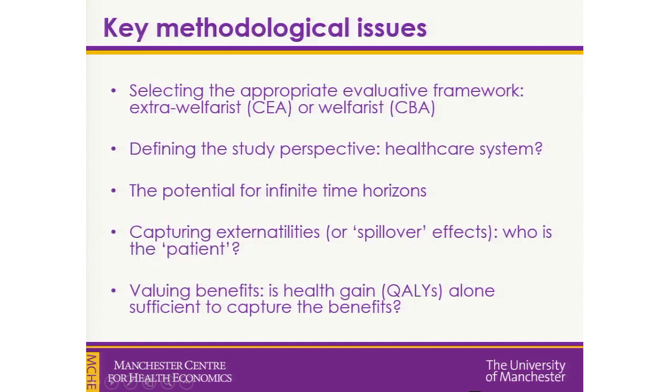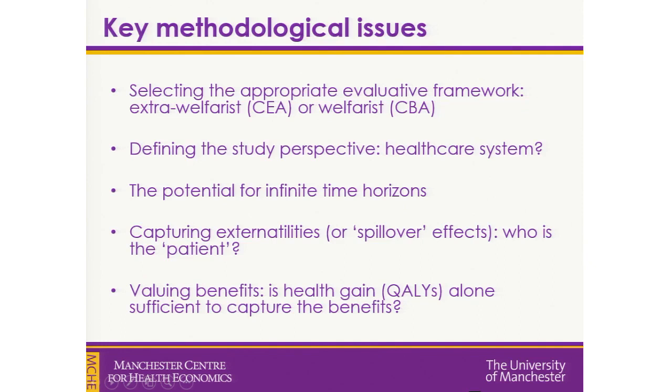If you think about the key methodological problems, these are the ones that I think are the most important. Are we correct to use cost-effectiveness analysis, or should we use cost-benefit analysis? And you'll see in a moment why that's quite an important question. How do we define the relevant study perspective? Are we correct to still focus on the healthcare system? The potential for infinite time horizons.